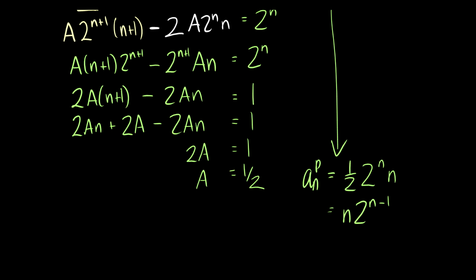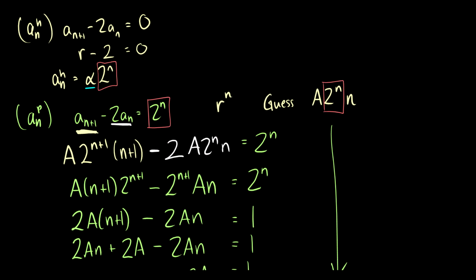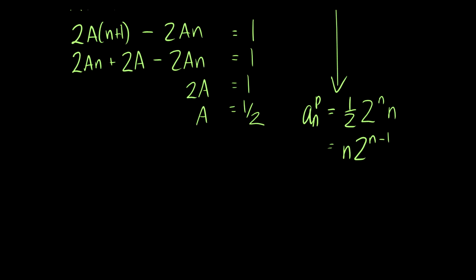Okay, so we have a particular solution here, which is n times 2 to the n minus 1, and we have our homogeneous solution alpha times 2 to the n. So our total solution an, of course we know, is anh plus anp. So this is going to be alpha times 2 to the n plus n times 2 to the n minus 1. So now we can finally solve for coefficients.